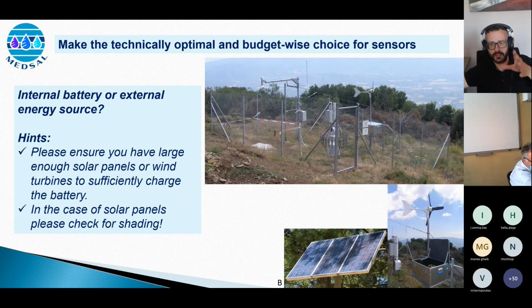We spent more than 1,500 euros in order to finally achieve, after 6 months, sufficient energy for this complex station, which includes a wide range of sensors, one meteorological station, a cosmic ray neutron probe, snow depth sensors, etc. You can also see that we have wind turbines and huge batteries.